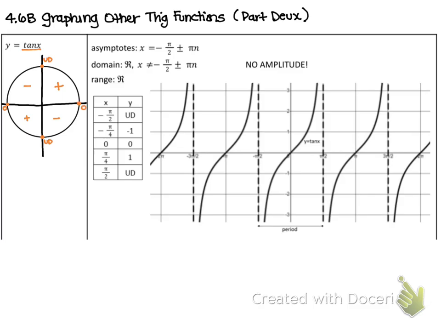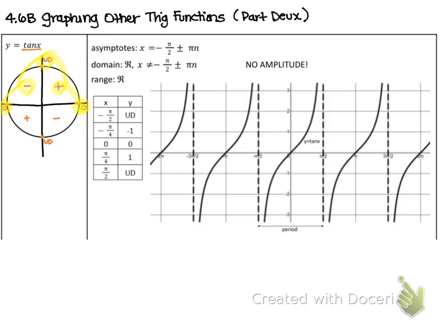Okay, so I do see some repetition. If I go from 0 radians, it looks like I'm starting at a value of 0 for tangent, going through positive, hitting undefined, hitting negative, and then hitting 0 again.